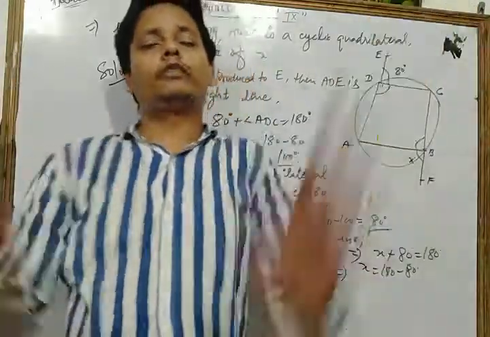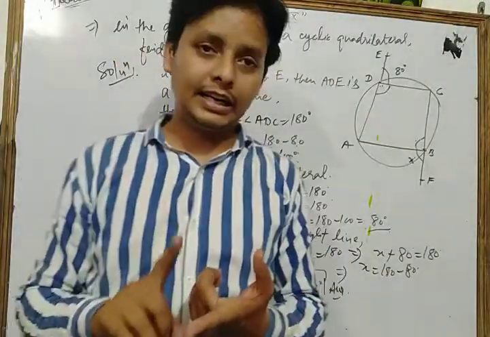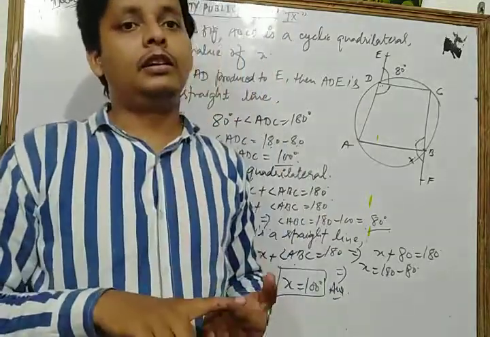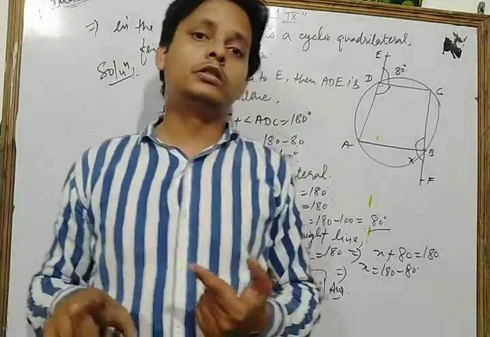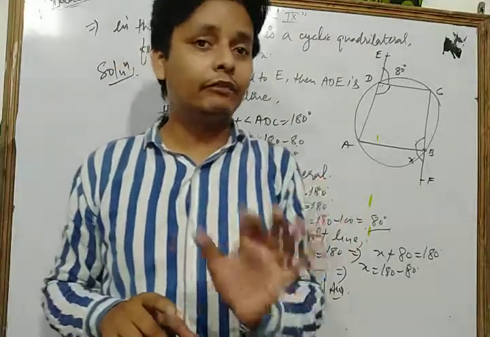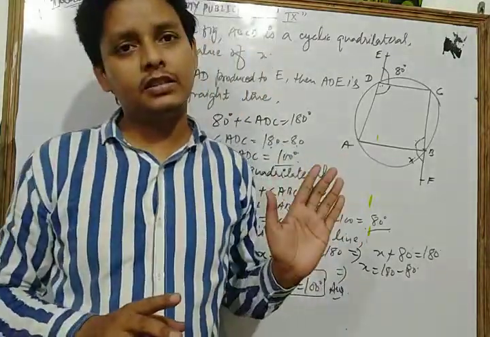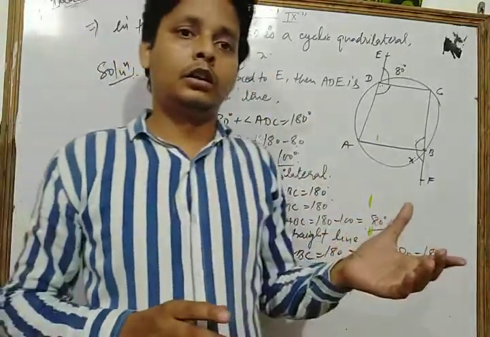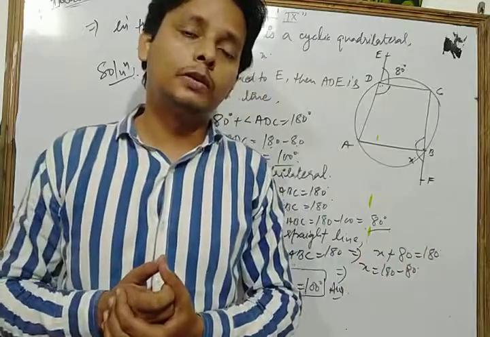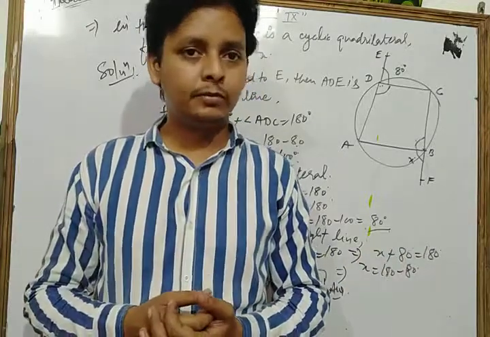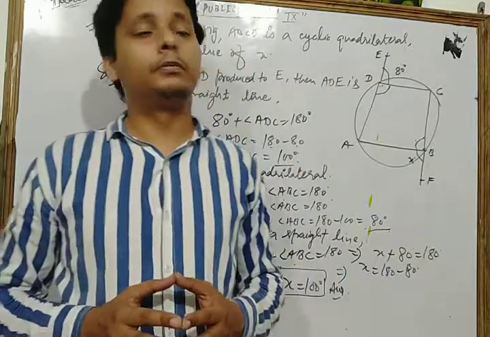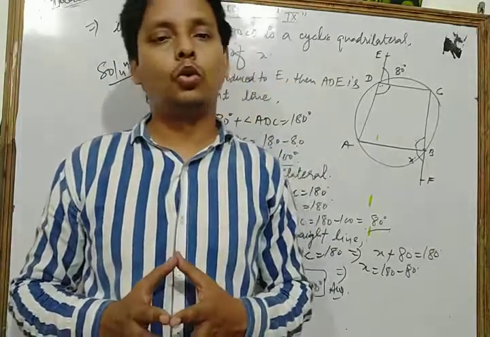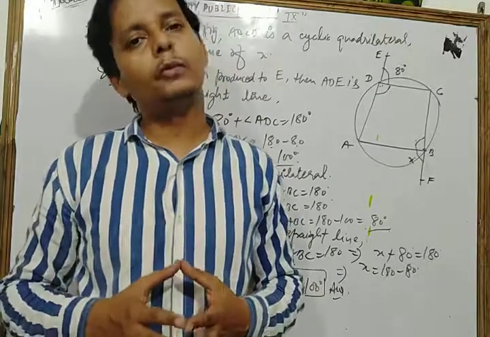Now you revise all the theorems of the chapter circle, and all the questions based on each theorem which we discussed in previous classes. Then complete your NCERT exercise. In the next class we discuss new chapters, statistics or probability.